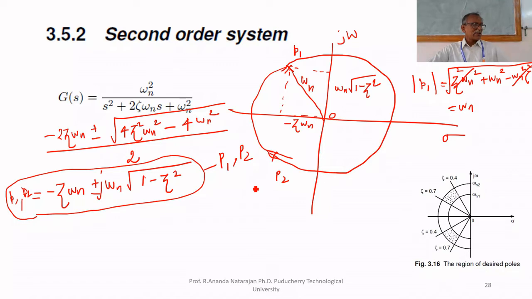Am I correct or not? So this circle is called the constant omega n circle. Or constant time constant circle, because 1 by omega n is time constant.